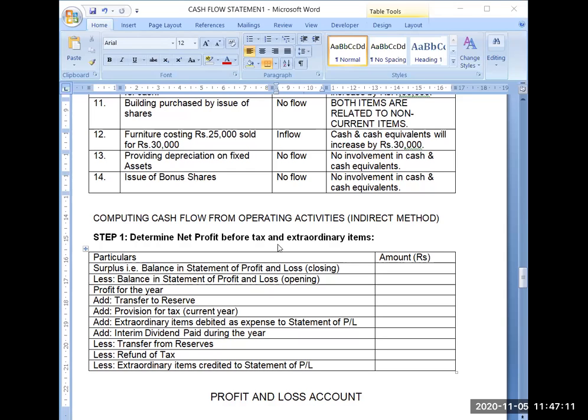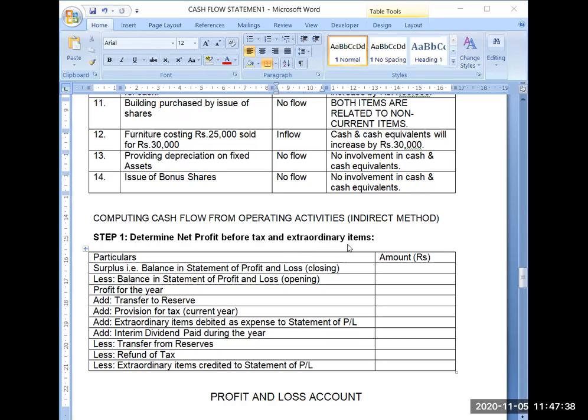But some extraordinary things can also happen in your business, like a loss by fire, a loss by accident, or an extraordinary subsidy which you don't regularly get from the government, coming to your business or industry through government policy. So there are a lot of extraordinary things which happen in business.